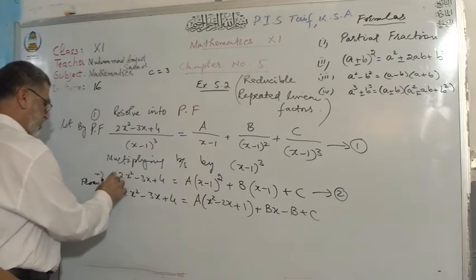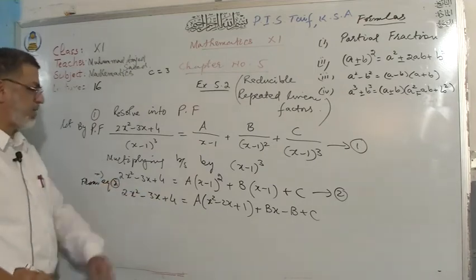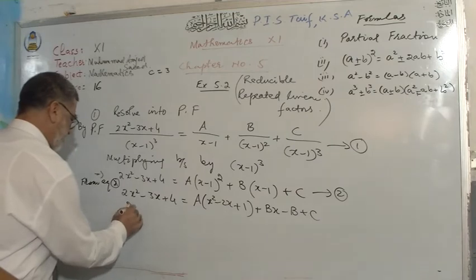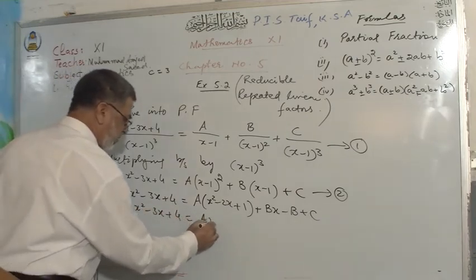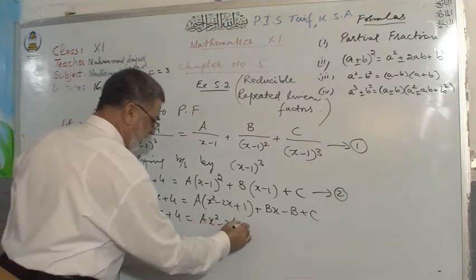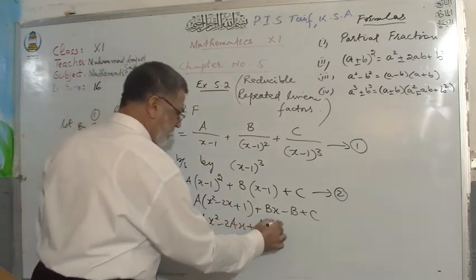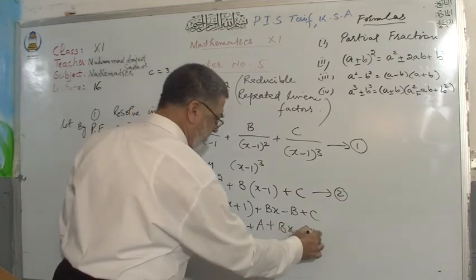That was from equation number 2. After that, 2x square minus 3x plus 4 is equal to ax square minus 2ax plus a plus bx minus b plus c.